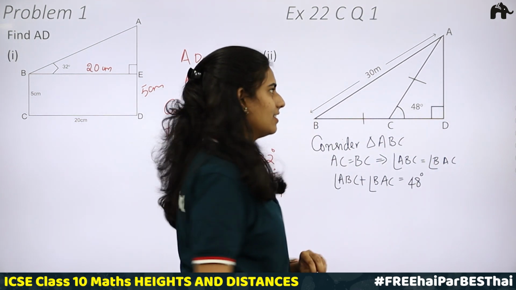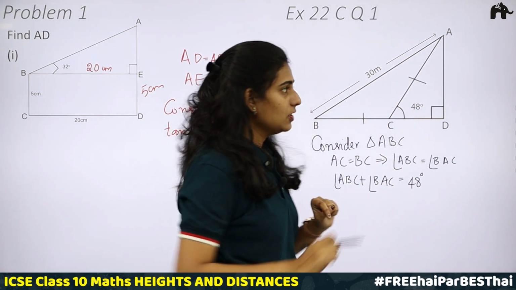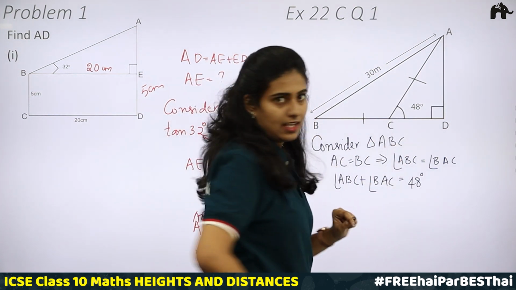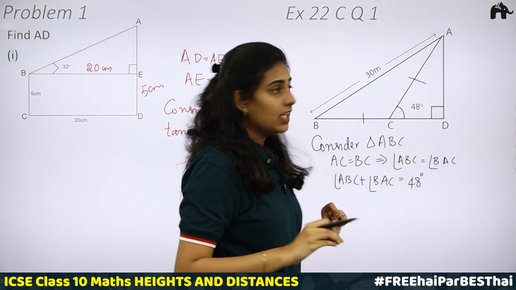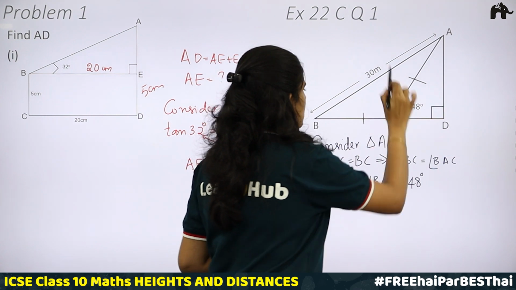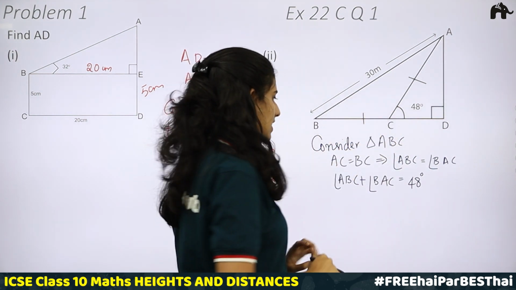What is the reason? When you consider this triangle ABC, these two are interior angles and this is an exterior angle. So we know that the sum of interior angles is equal to the exterior opposite angle. Due to this reason you will be getting ABC plus BAC is equal to 48 degrees.